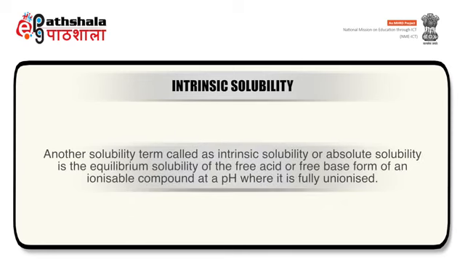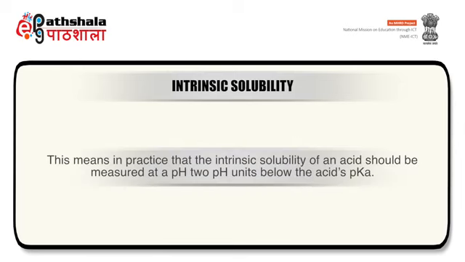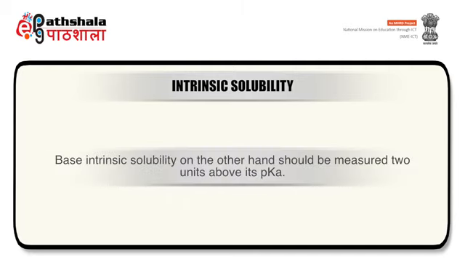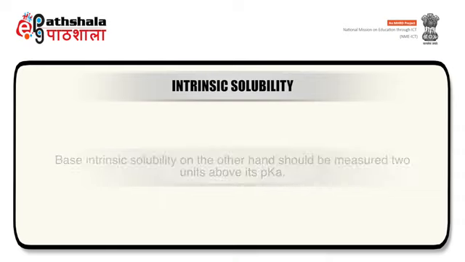Another solubility term called intrinsic solubility or absolute solubility is the equilibrium solubility of the free acid or free base form of an ionizable compound at a pH where it is fully unionized. This means in practice that the intrinsic solubility of an acid should be measured at a pH 2 pH units below the acid's pKa. Base intrinsic solubility, on the other hand, should be measured 2 units above its pKa.